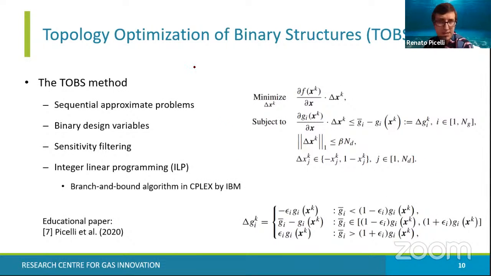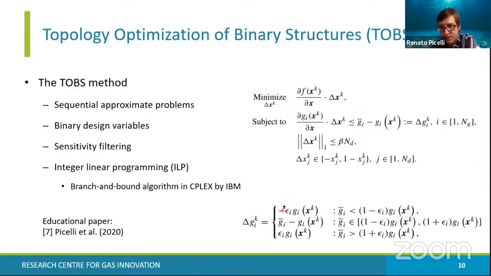The TOBS approach, which stands for topology optimization of binary structures, as we called it 2 years ago. The standard form of this method uses 4 numerical ingredients very well known in our community. First, sequential approximate problems, so we are solving the approximate linearized problem. We have 2 move limits here.